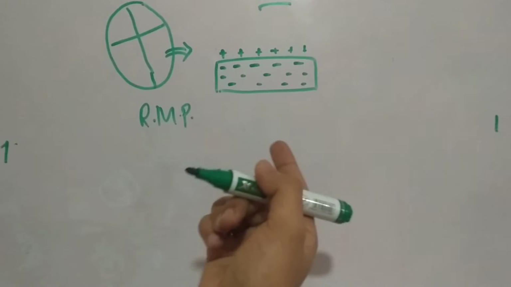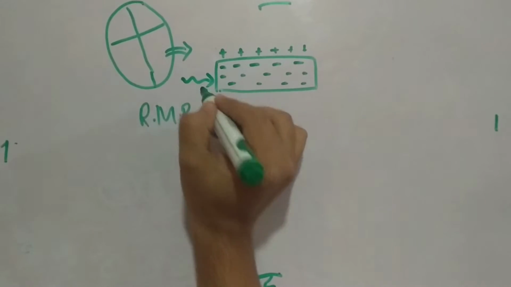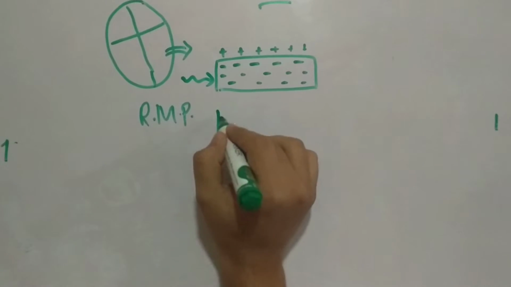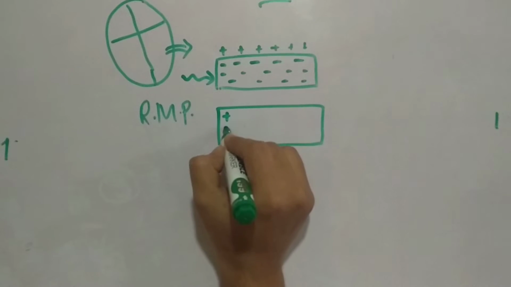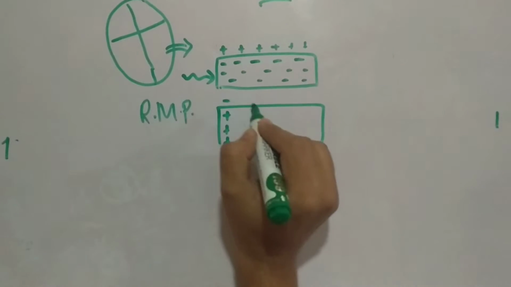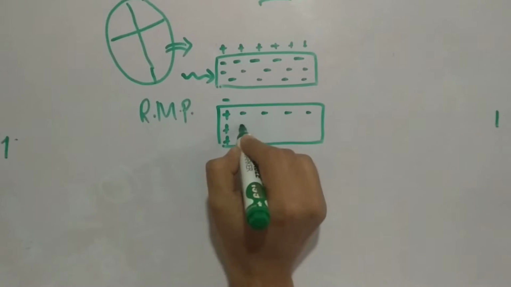When there is any stimulus given to it, the polarity changes. Gradually it becomes plus here, and here it becomes minus. Initially it is minus, minus, minus.